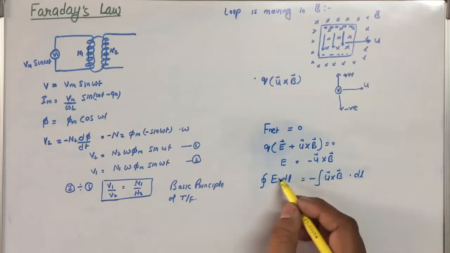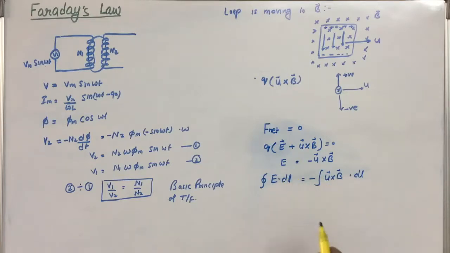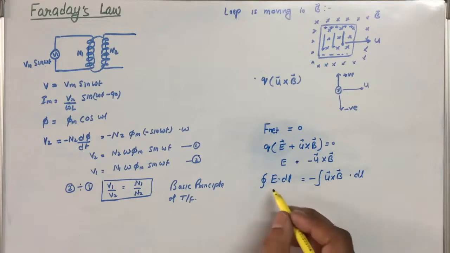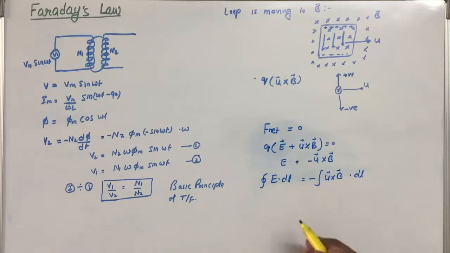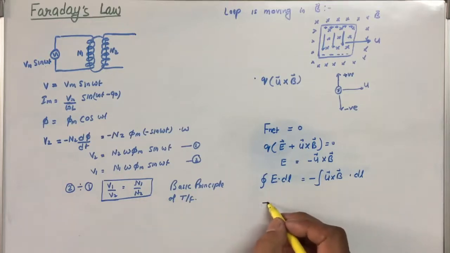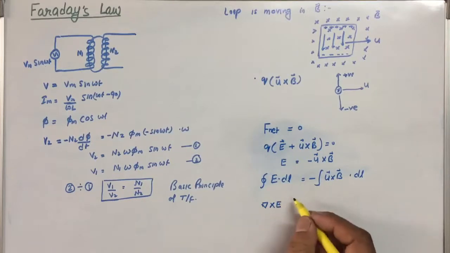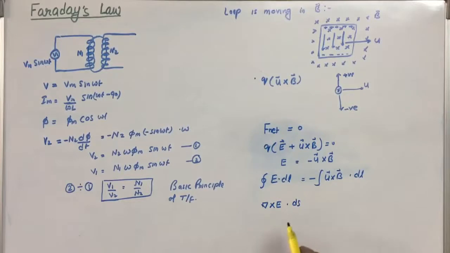If the line integral is transformed into a surface integral, then we can write del cross E dot ds, a transformation we have done many times.